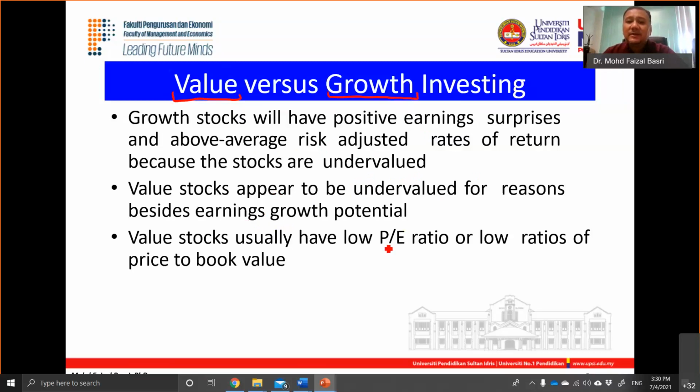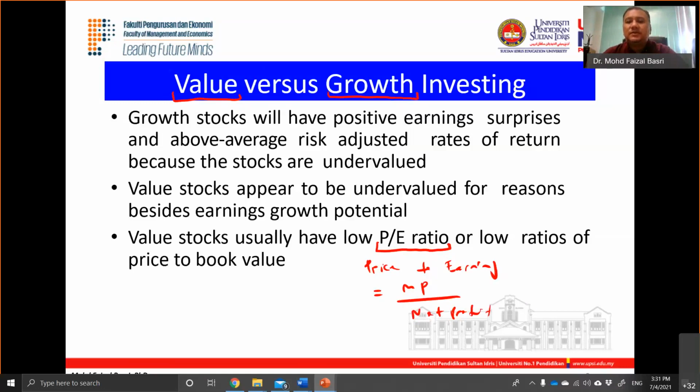So one of the indicators that we can use to see the valuation of a stock is by looking at the PE ratio. PE ratio stands for price to earning ratio. Okay, so if you learned financial management before, I think you've heard of the PE ratio, price to earning, whereby the formula is market price divided by net profit of the company.